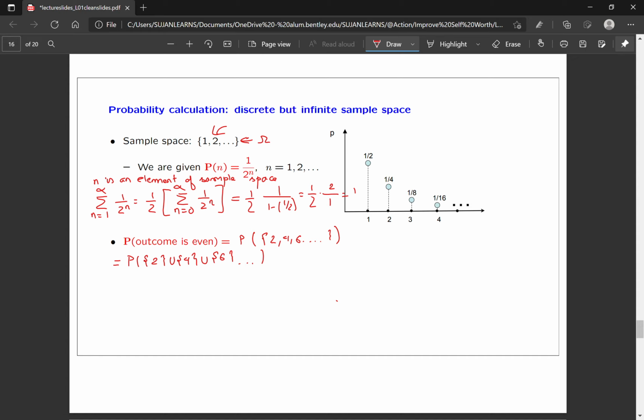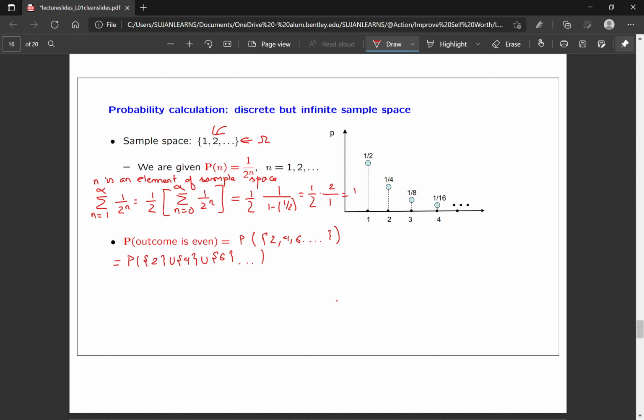What we see is that these little sets are distinct in nature, because all these numbers are different.